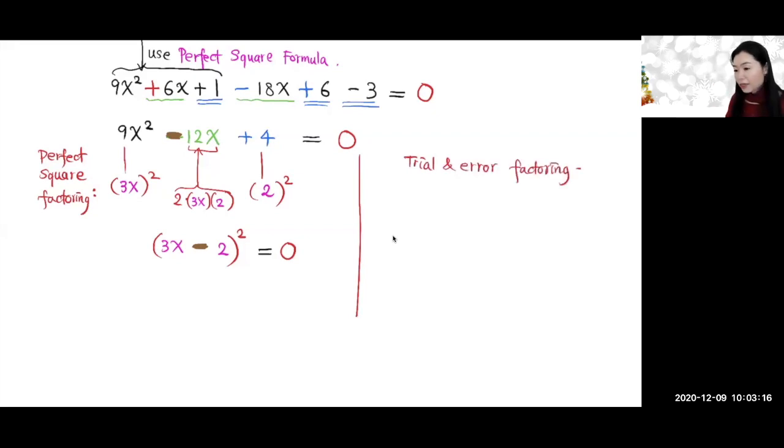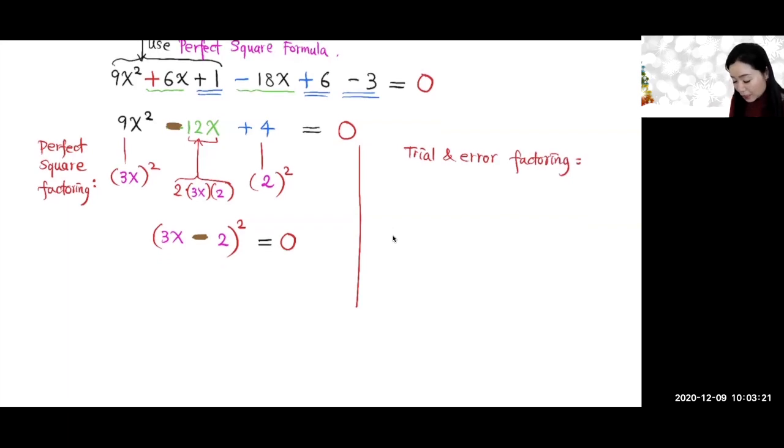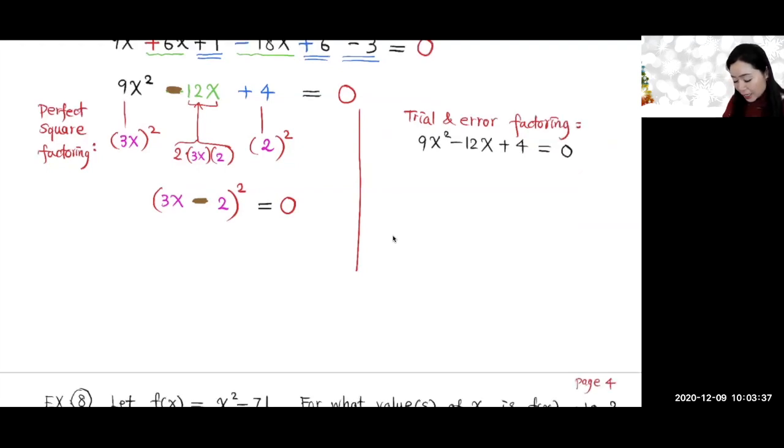I'm going to do it both ways so we can compare them. If I somehow don't recognize it's a perfect square and I use trial and error, then for the 9 over here, I can try 3 times 3, and for the 4 over here, I can try 2 times 2.